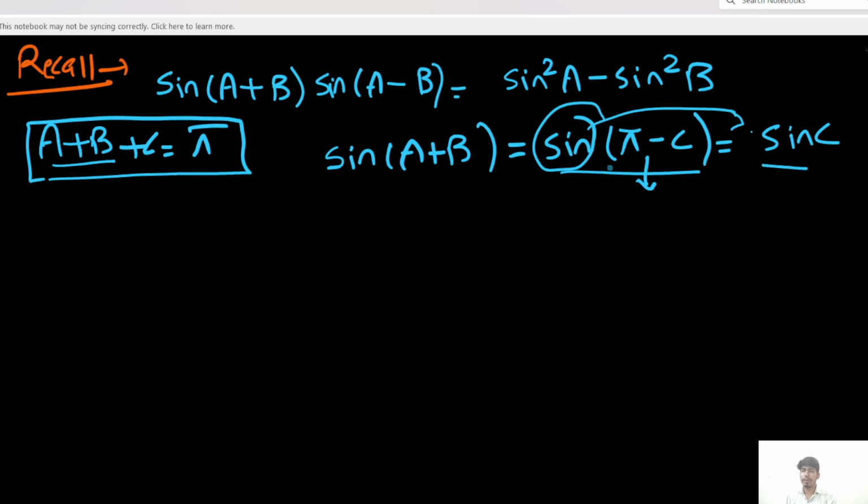So sine of (A plus B) is sine C in a triangle.